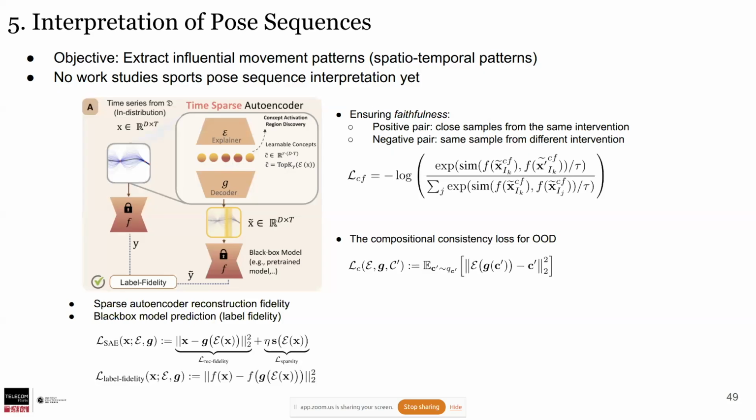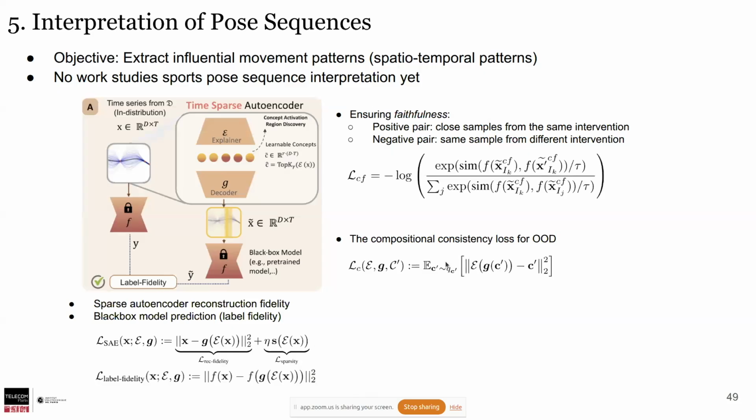For those inputs that are close, our intervention should generate a similar output. But for those negative pairs, where we use different interventions, it should generate different outputs from the positive pair. In this way, we ensure the faithfulness of this model.